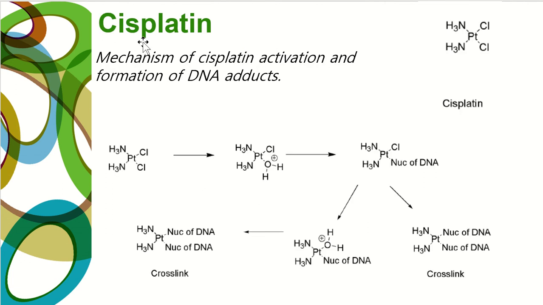So for cisplatin in particular, this is the structure of cisplatin. So we have platinum in the middle, we have ammonia, and then we have two halogens in the form of chlorine.